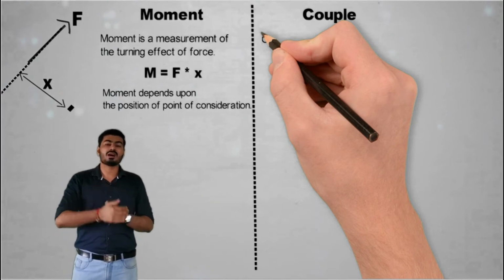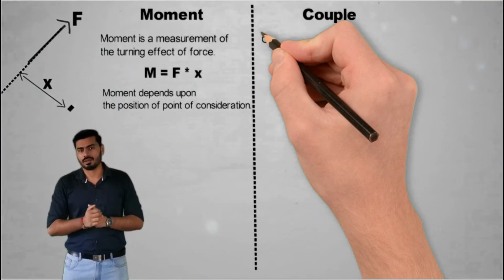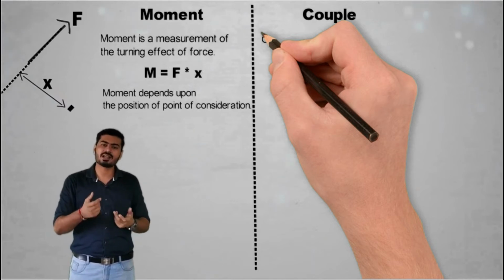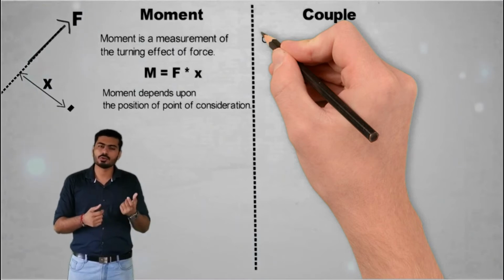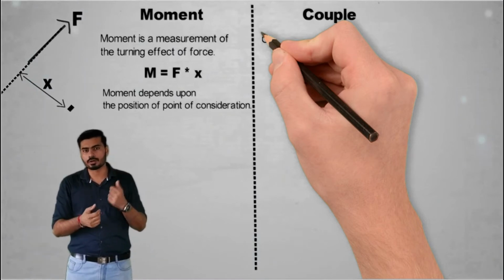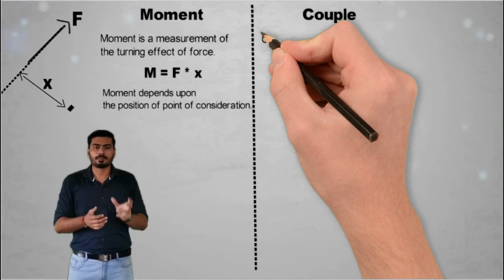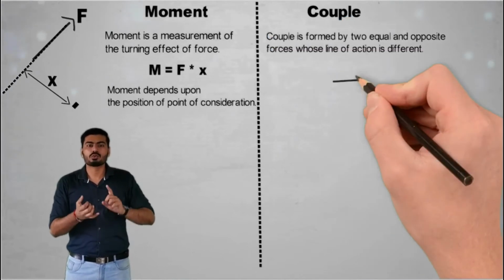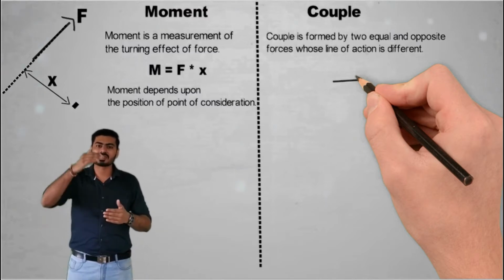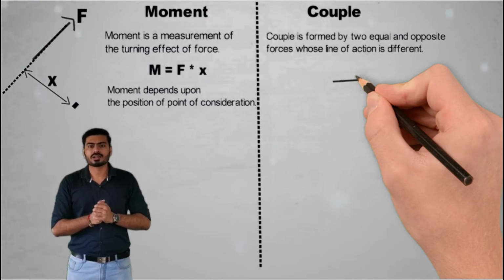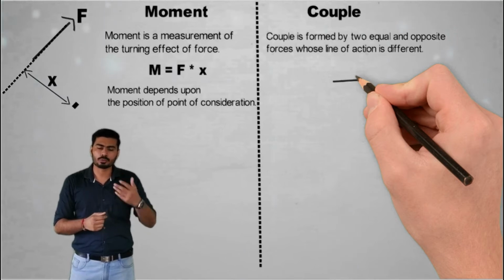Now let us consider another parameter, that is couple. The name itself indicates that it is a combination, generated by the combination of two different forces. A couple is generally formed by two equal and opposite forces whose lines of action are different.